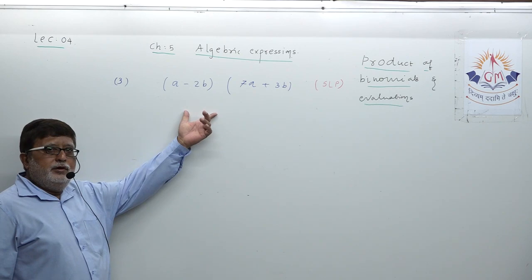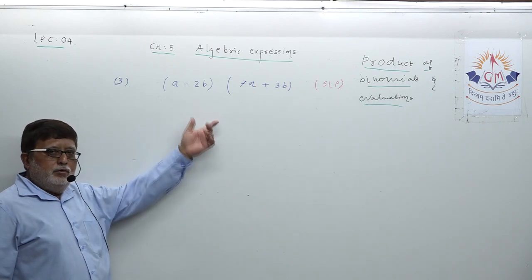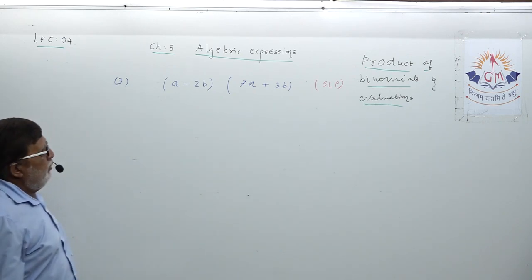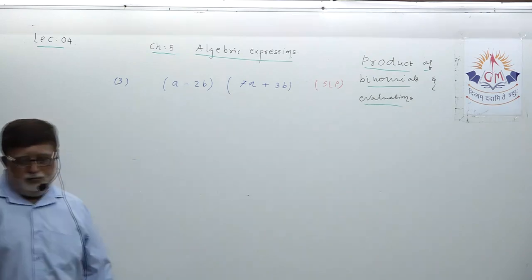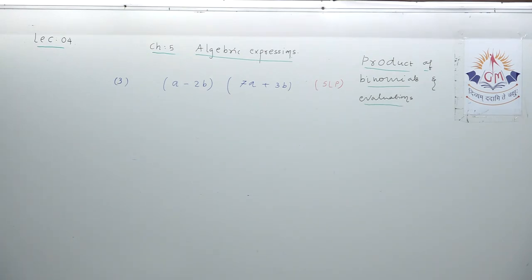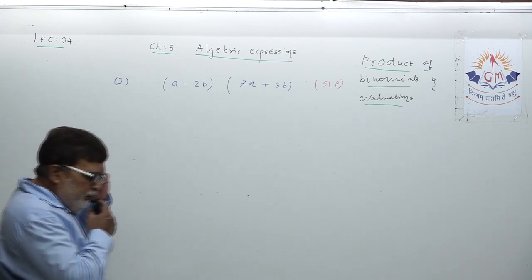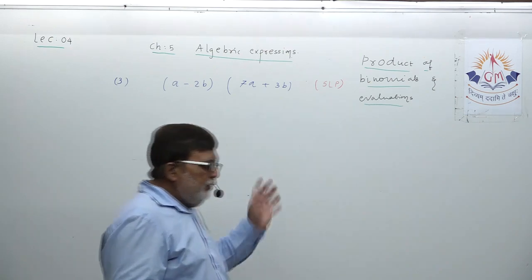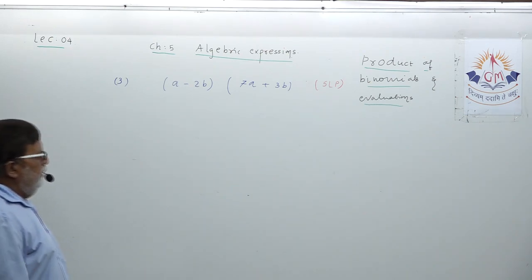Again, multiplication of two binomials, okay? Just verify yourself first. Try to understand it, okay? In 1 or 2 minutes time, you must be able to solve this example if your concepts are clear and if you have understood the concept of both the examples which we have done just now.